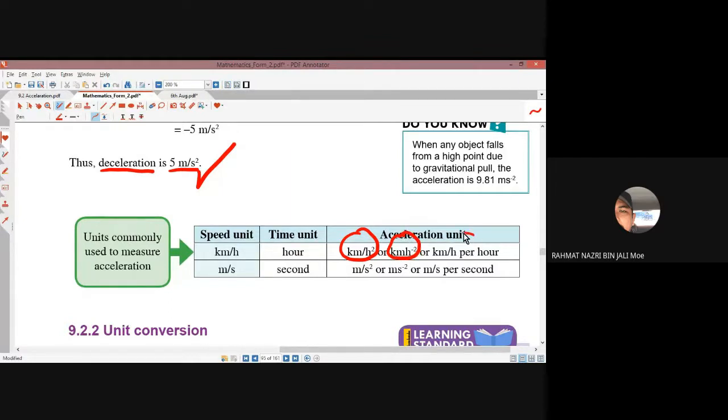Okay, so ada 3 cara kita tulis. Either the acceleration in kilometer per hour or meter per second per second.